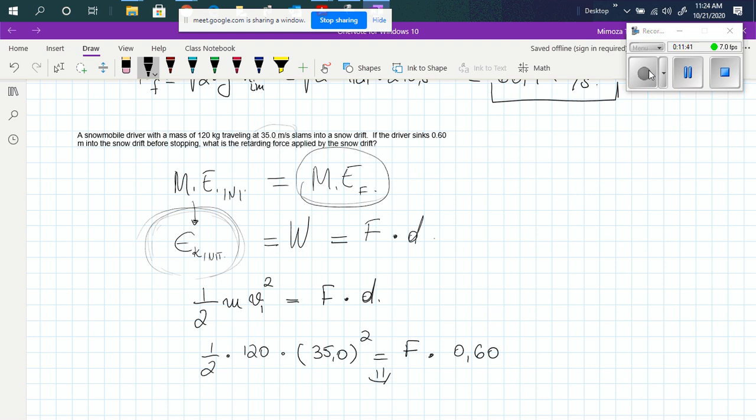From here, we can find that force is 0.5 times 120 times 35.0 squared, the whole thing divided by 0.60. What is this force?